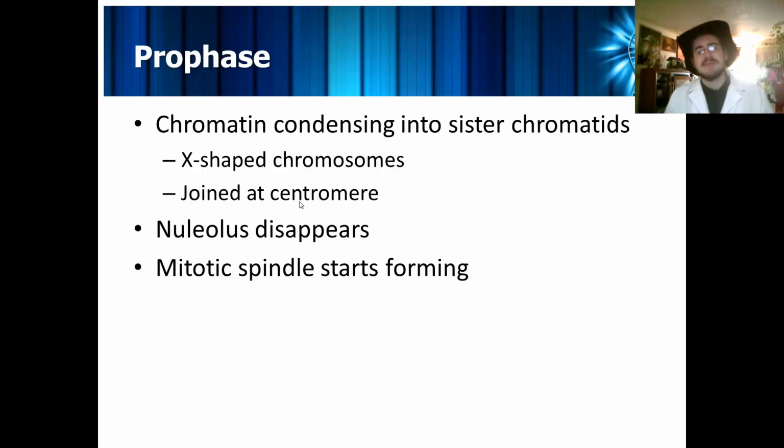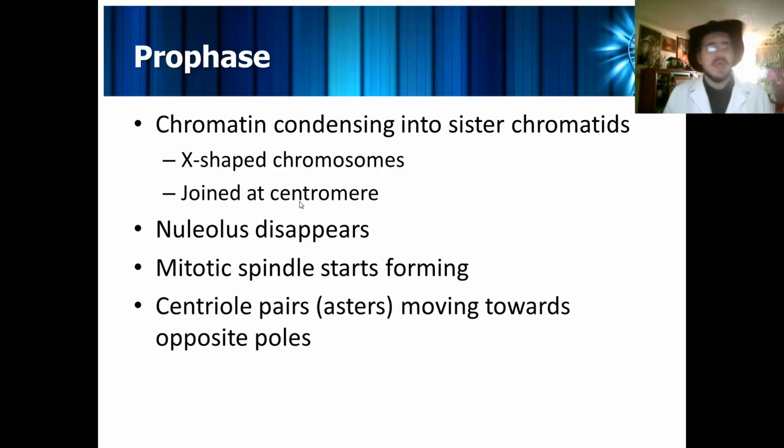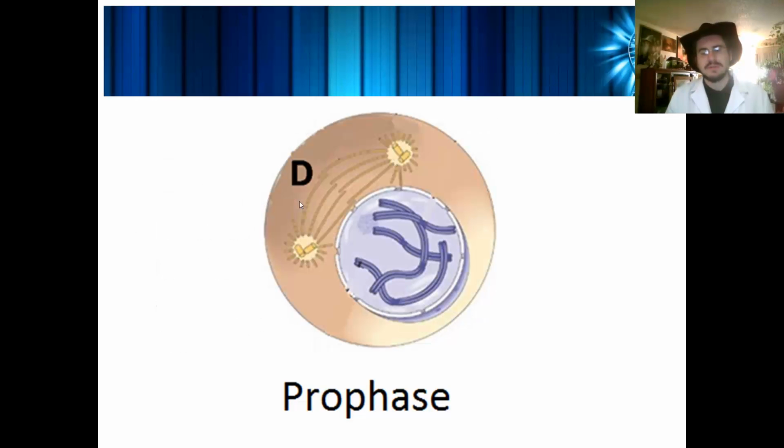At the same time, the mitotic spindle starts forming. So that's microtubules being produced between asters. And the centriole pairs, those asters, are moving towards opposite poles. That is prophase.